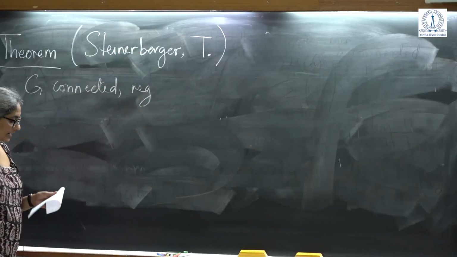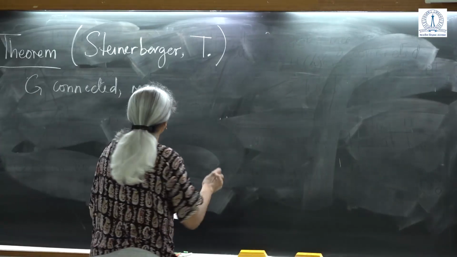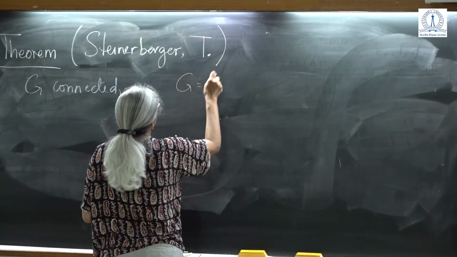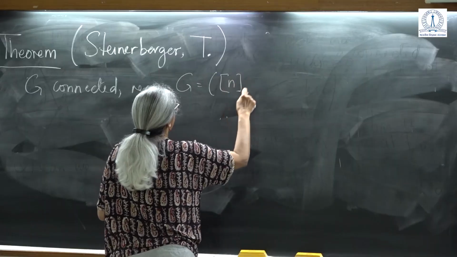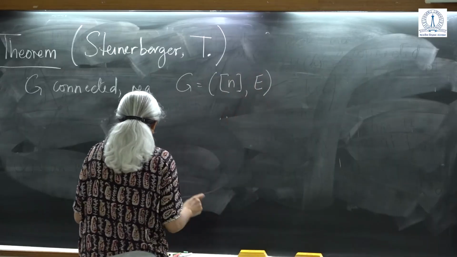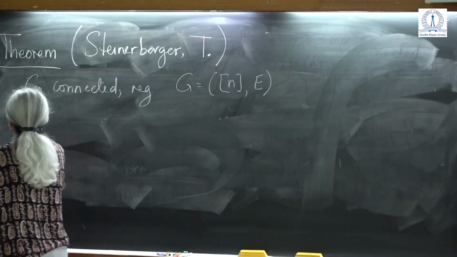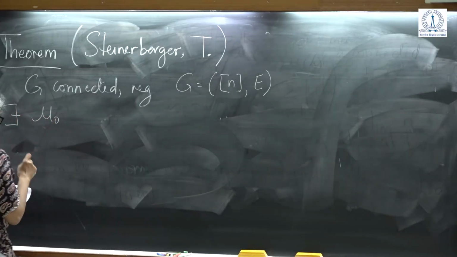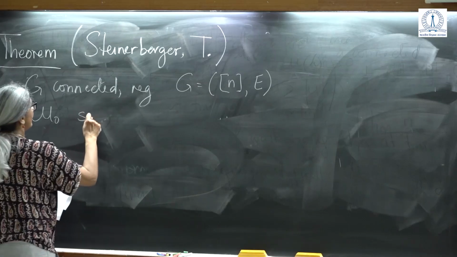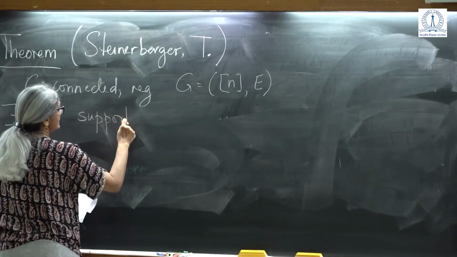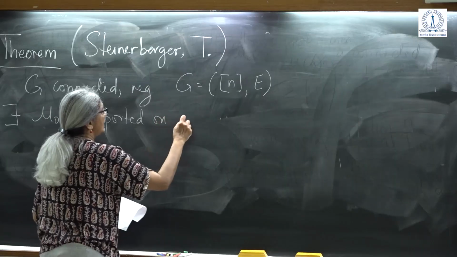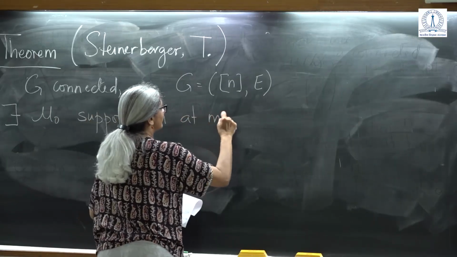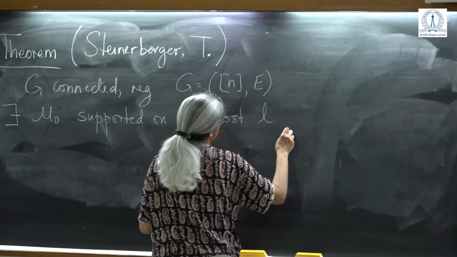You don't really need regular, but it just makes everything nicer. And G has n vertices and some number of edges. Then the claim is that there exists a probability measure mu0, supported on at most L vertices.